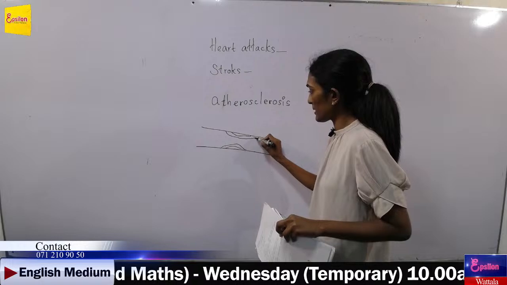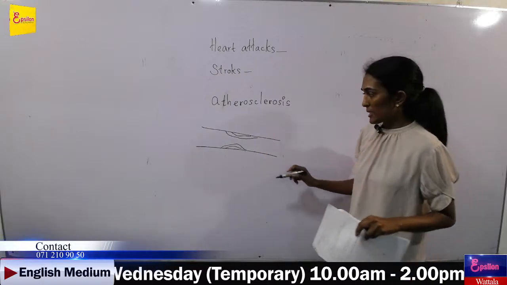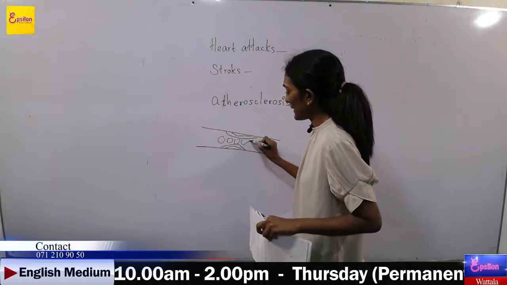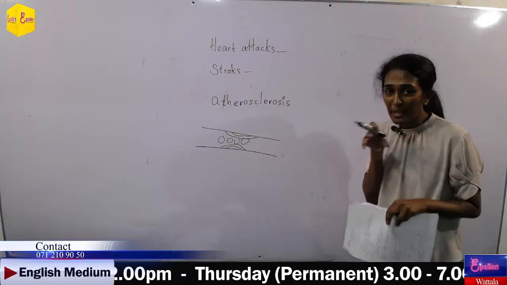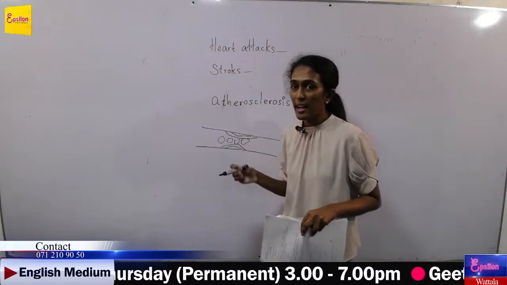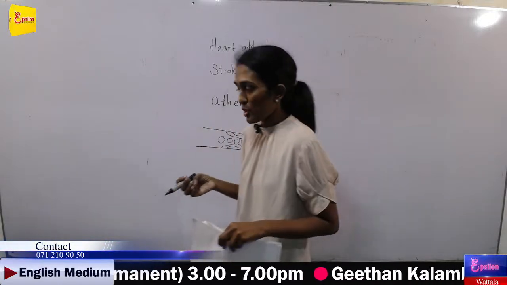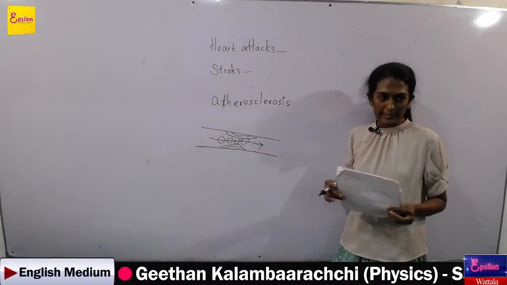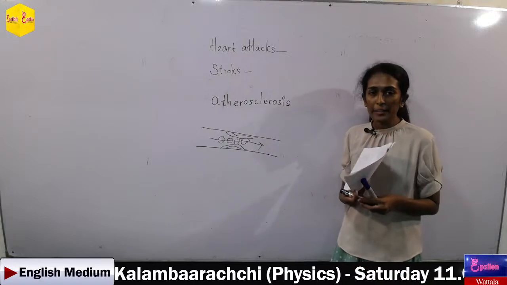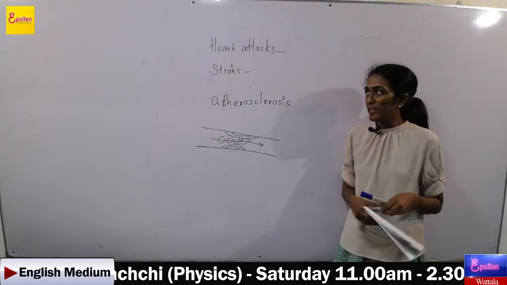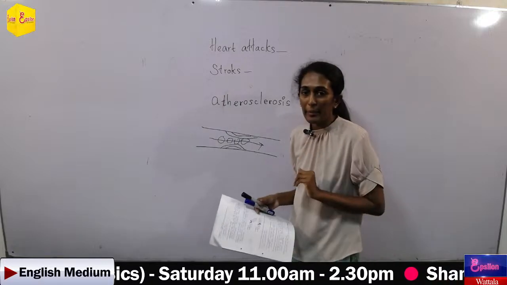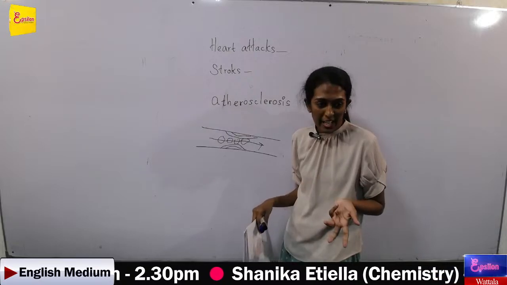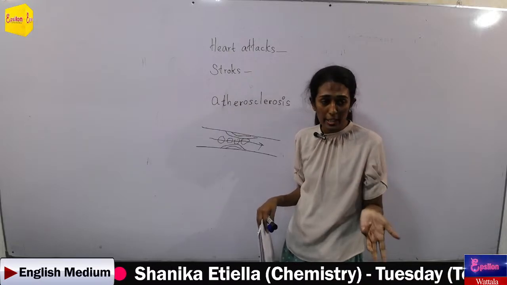Thereafter, blood particles, platelets, may block these arteries after being narrowed down, so the blood supply to the other side would not occur properly. This can happen in any artery in the body, but it's vital when it damages one of the arteries supplying blood to the heart. Coronary arteries are the ones supplying blood to the heart.